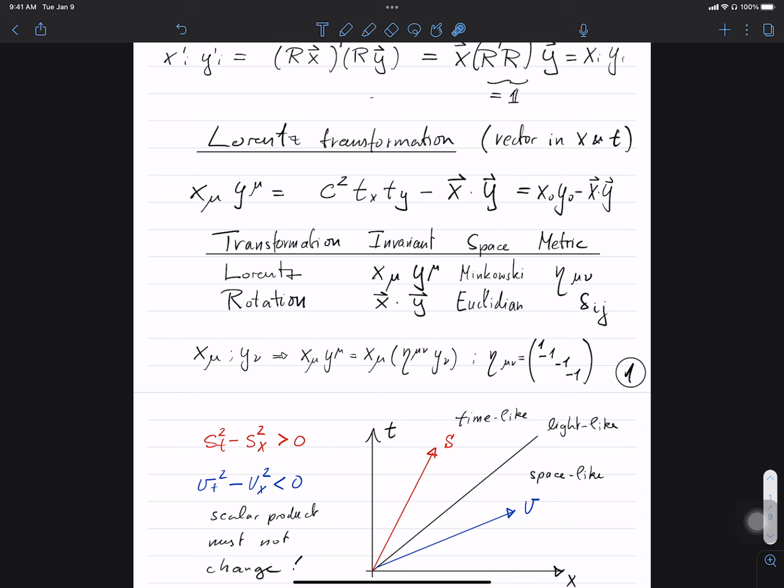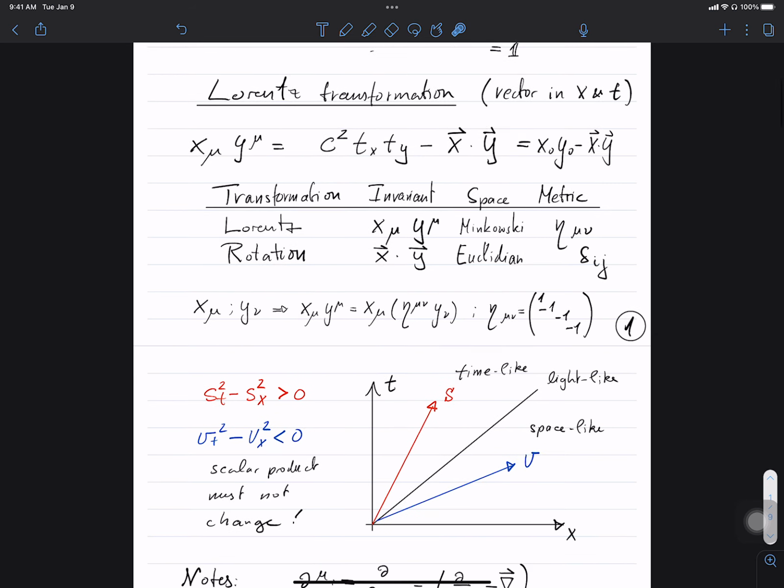When we multiply them, we get here the time components, or the zero components, minus the spatial components, right? And this norm has to be preserved. This is a new norm with this new metric on this Lorentz space, and it has to be preserved.